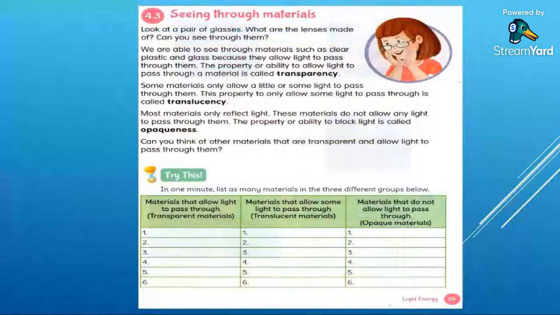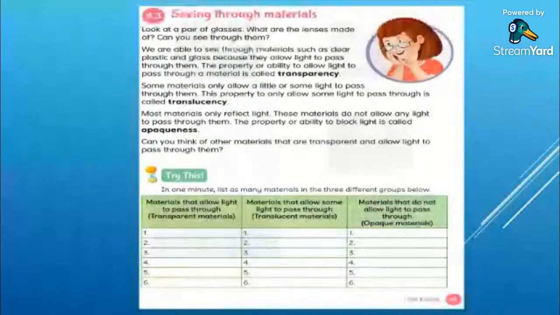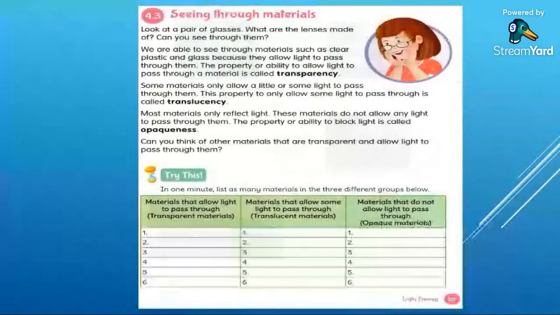Please take your textbook and open it on page 59. You will see this activity on page 59 of your textbook. So we are going to list 6 materials for each media.